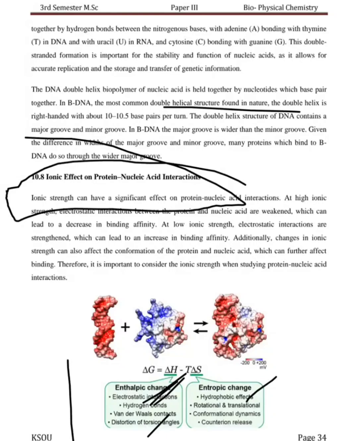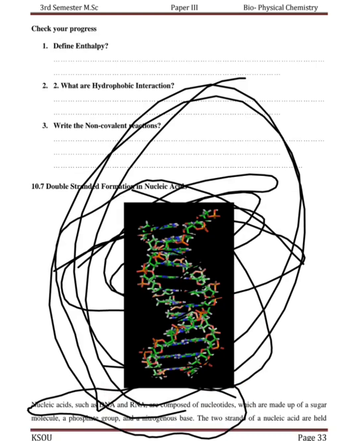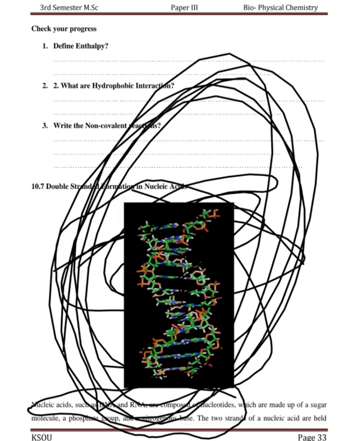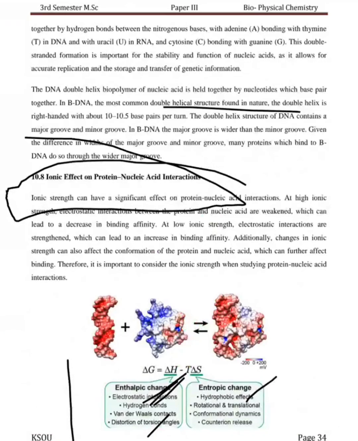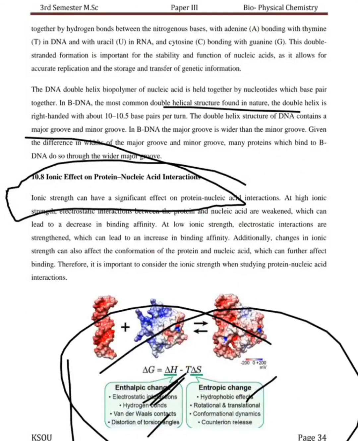The hydrophobic interaction, rotation and translation, conformational dynamics, and counterion release can be studied. Everything can be studied for these structures with the formula delta G is equal to delta H minus T delta S.